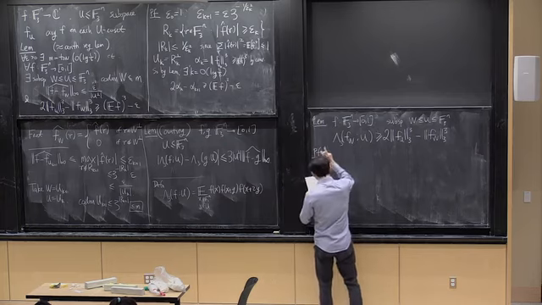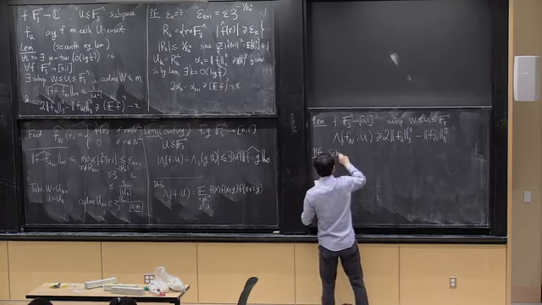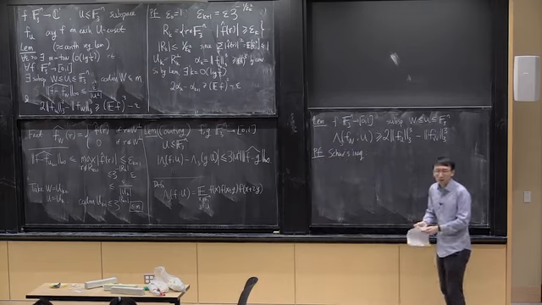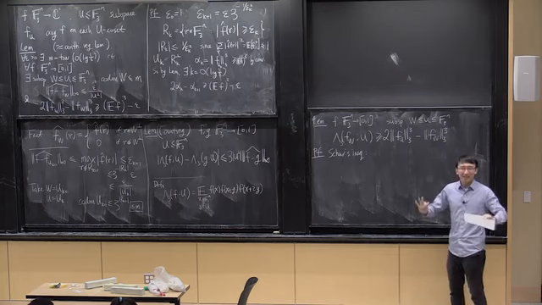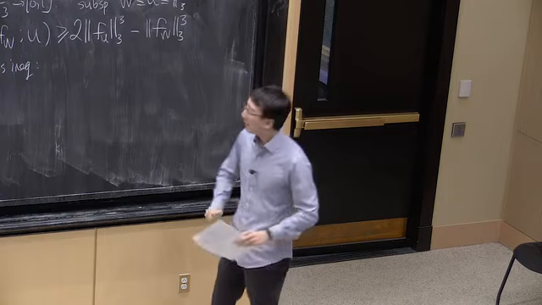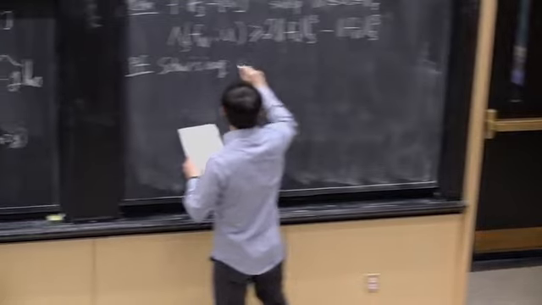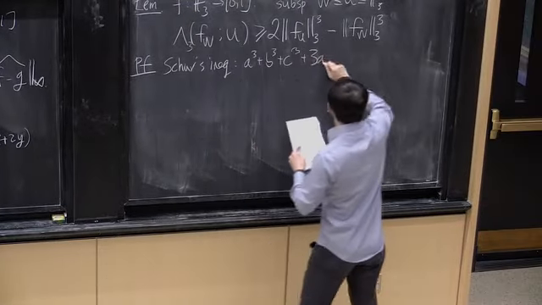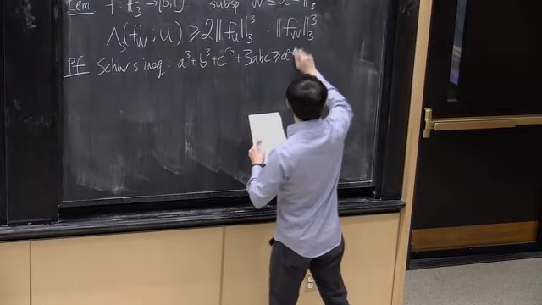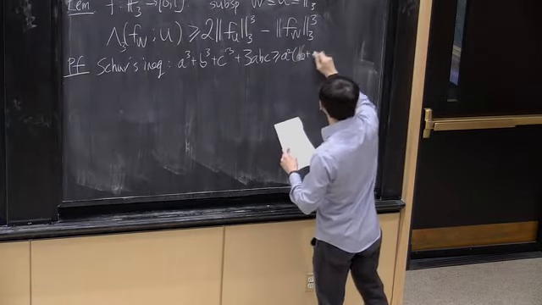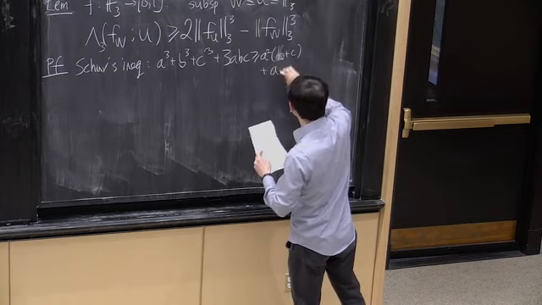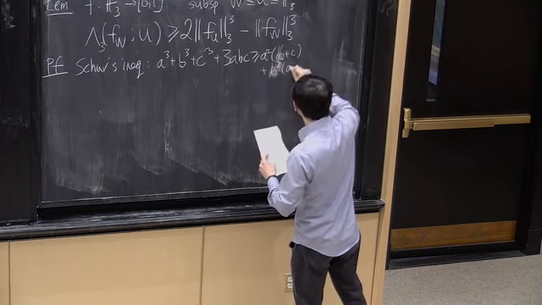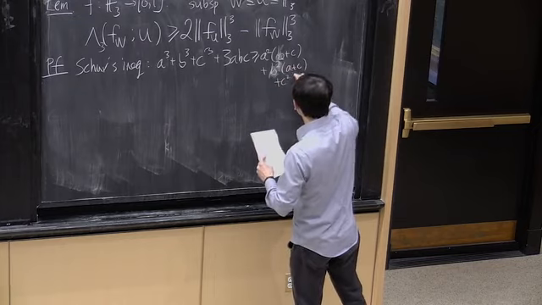So what Schur's inequality says is one of those 3 variable inequalities that you would know if you did math Olympiads. It's an inequality between non-negative, actually it's true for real numbers as well, but let's say non-negative real numbers.